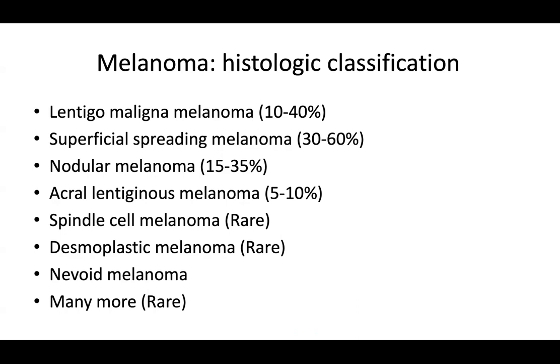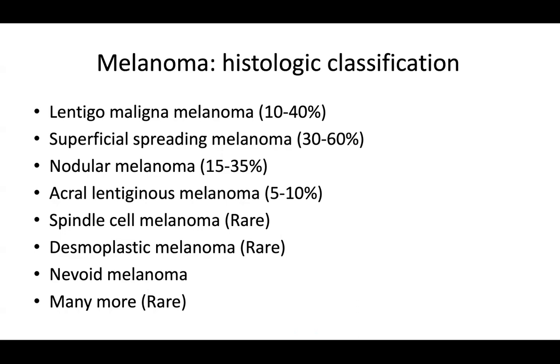Spindle cell melanoma is composed of spindle cell melanoma cells that are mainly in your differential, along with spindle cell squamous cell, and even atypical fibroxanthoma. So oftentimes you can't tell it's a melanoma unless you do special stains. Desmoplastic melanoma also very related to that.